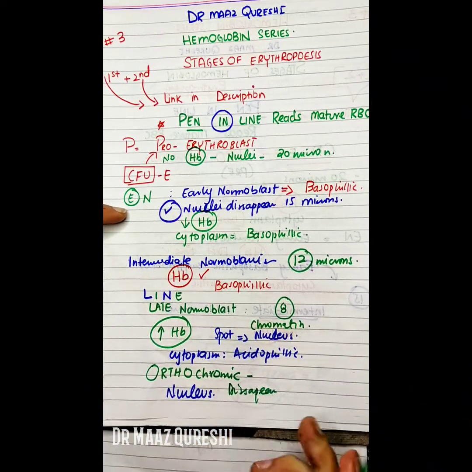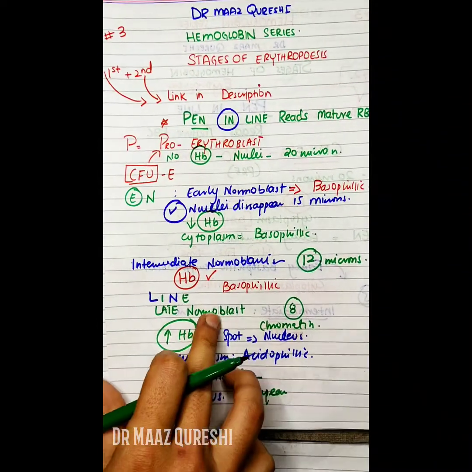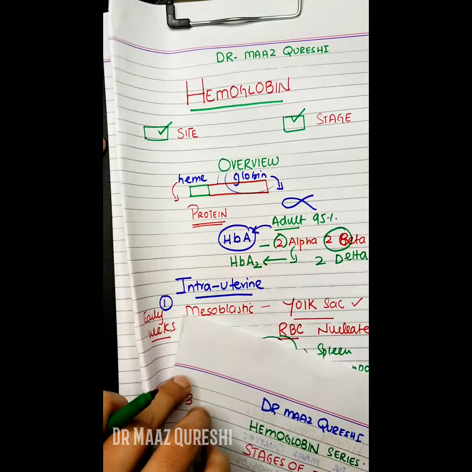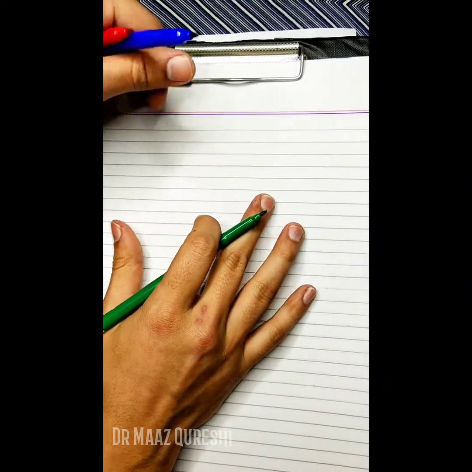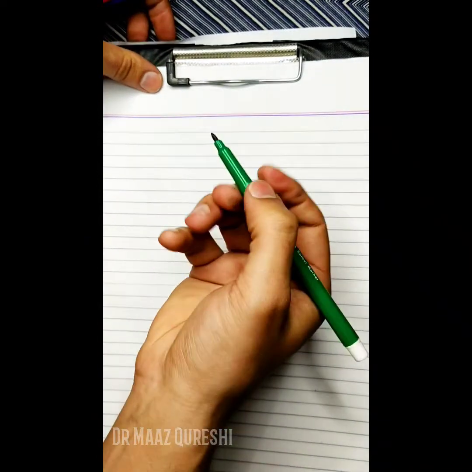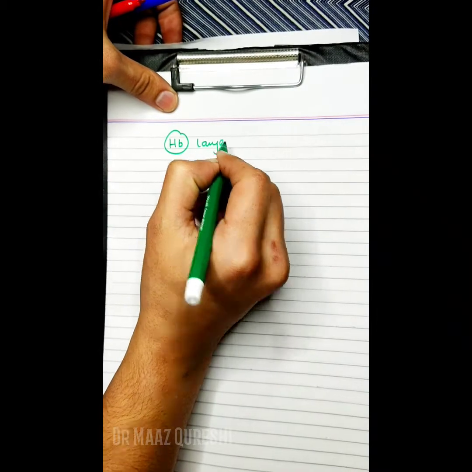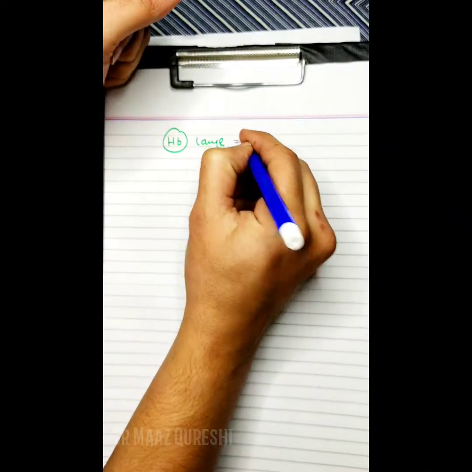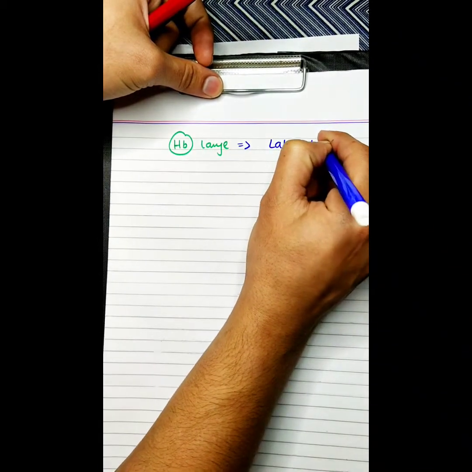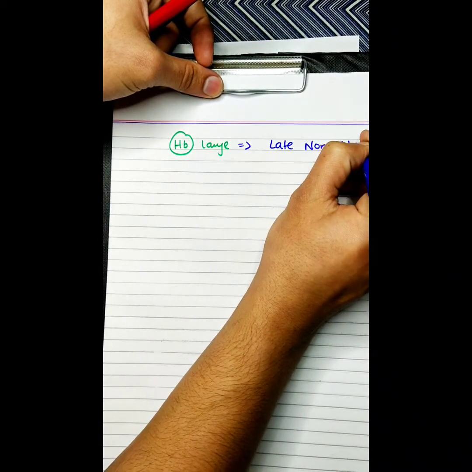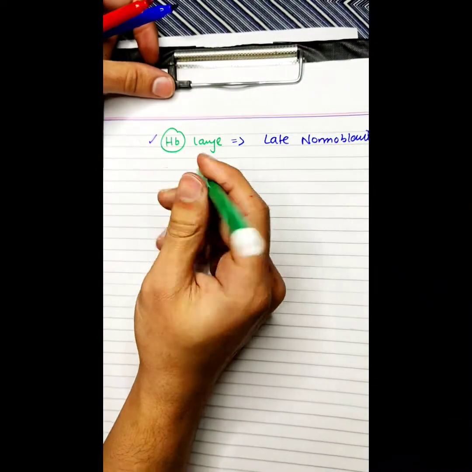Now you need to know this. You may be asked in which stage the largest amount of hemoglobin is present. It is found in the late normoblast. This is an MCQ for the FCPS.